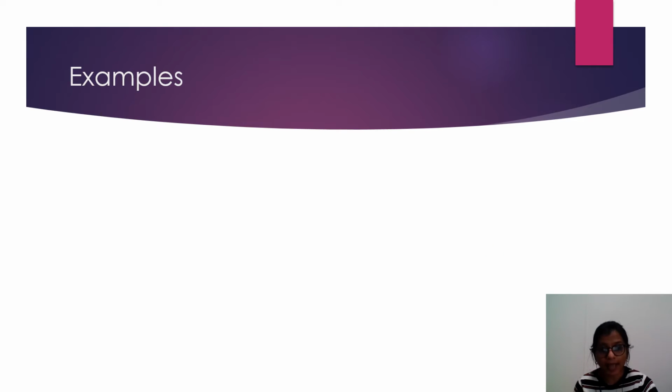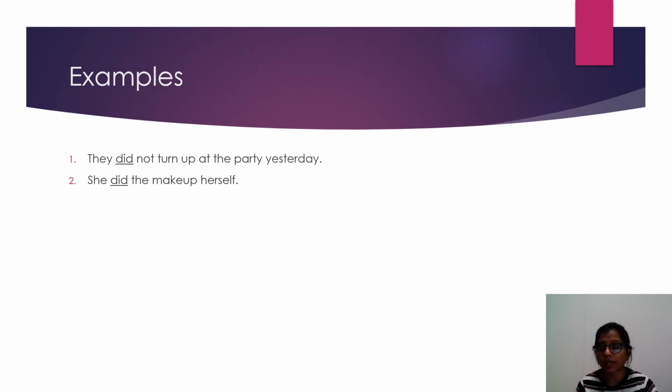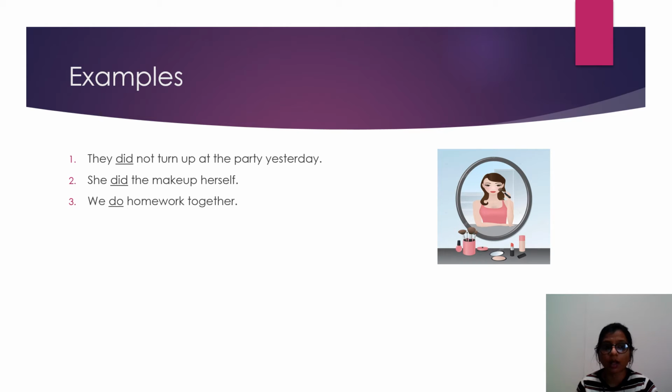Here are a few examples of how to use the do verb. Okay? For the first one, they did not turn up at the party yesterday. If you remember, for the past tense, we always use did, irrespective of the subject. She did the makeup herself. Again, the same thing. We do homework together. This is present tense and your first person.